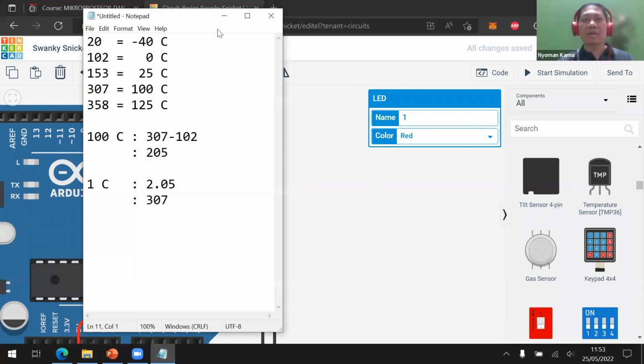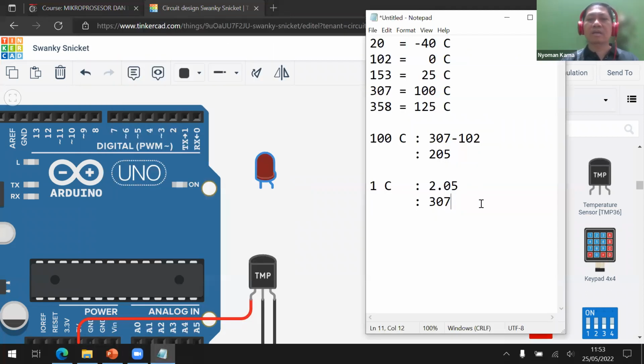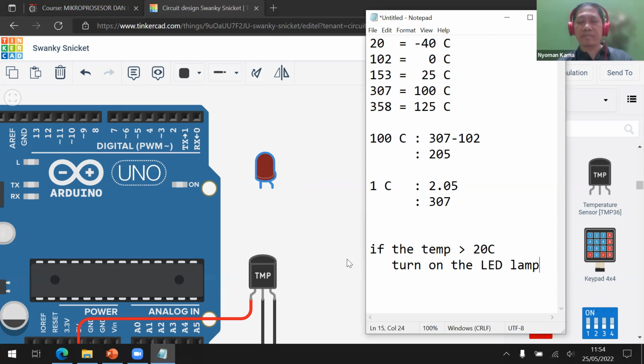So let's say if the temperature is more than 20 degrees Celsius, please turn on the LED lamp. If not, then turn off the LED lamp.